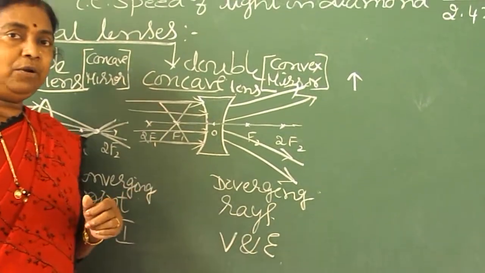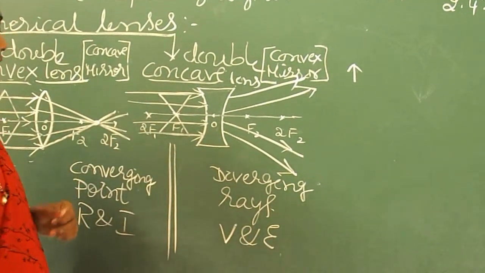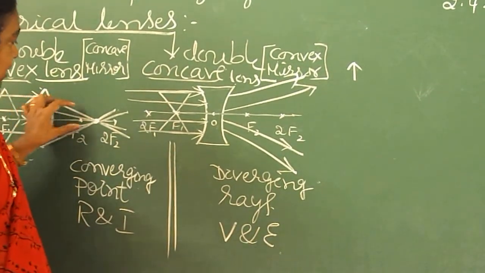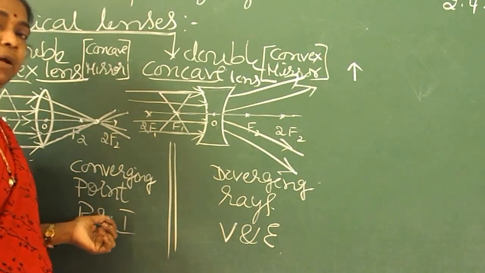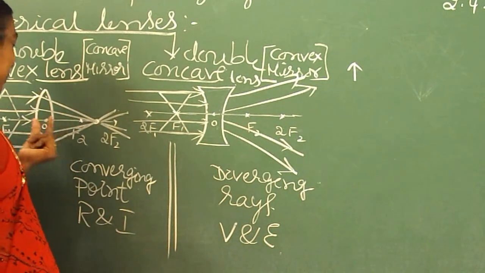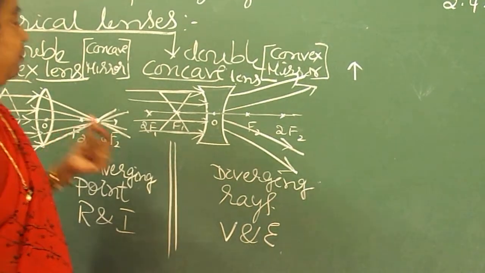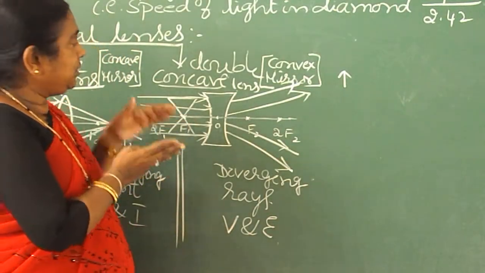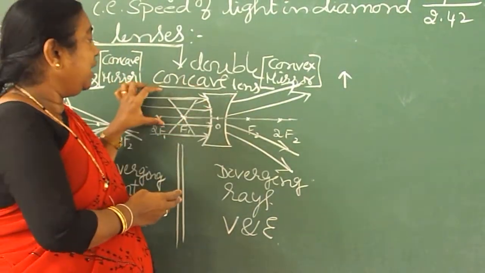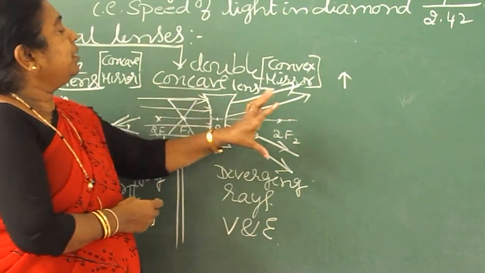So, whenever a convex lens is given, after refraction the light rays meet at one point and form a real and inverted image, except in one case, that is between the optic center and the principal focus. Whereas in the concave lens, all the rays passing above and below the principal axis do not meet.